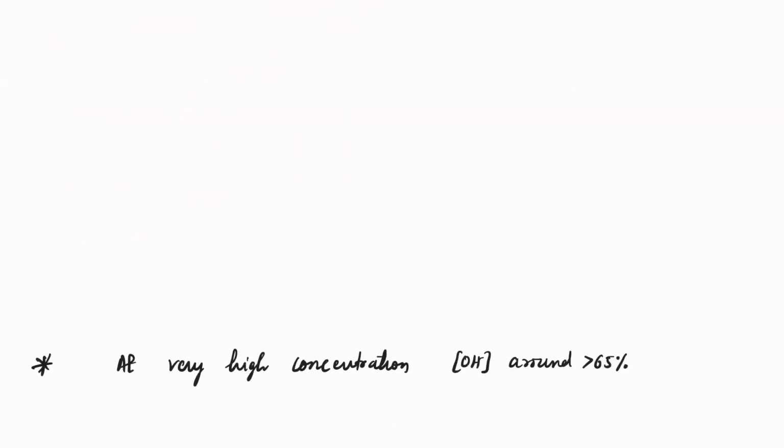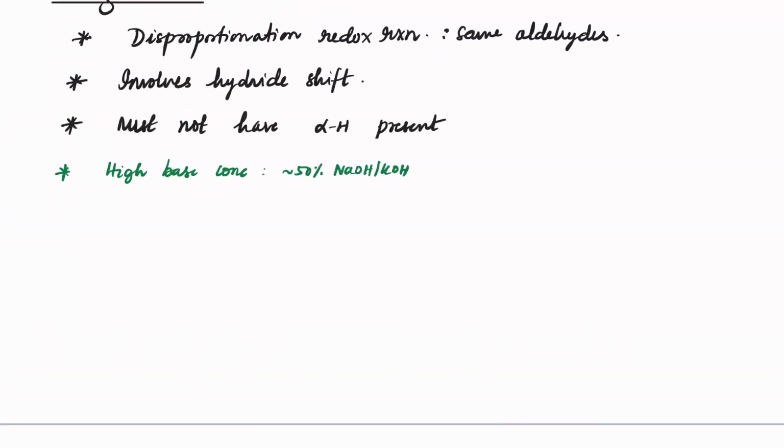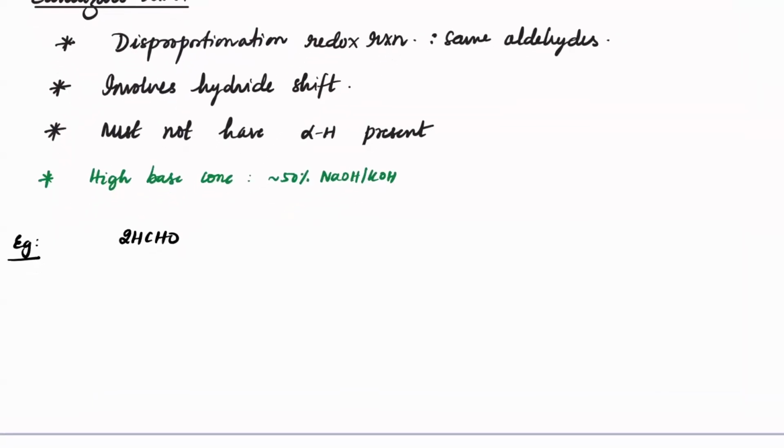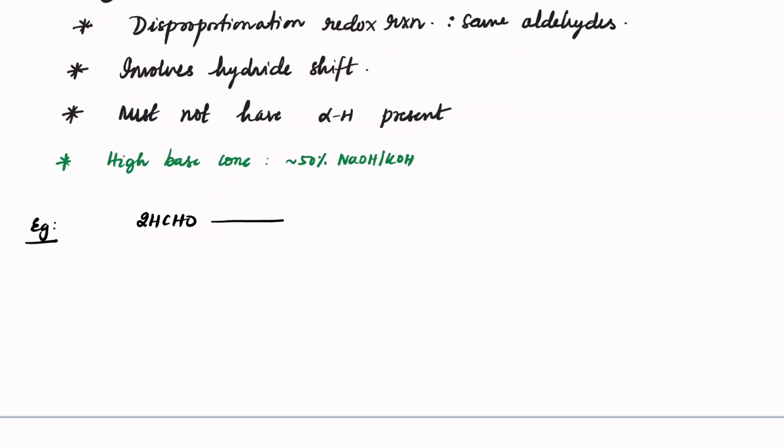Now let me show you an example of how it happens. Suppose I take 2 moles of HCHO and react this with 50% NaOH concentration. Then 1 mole will convert into a salt form, the other will convert into an alcohol form.